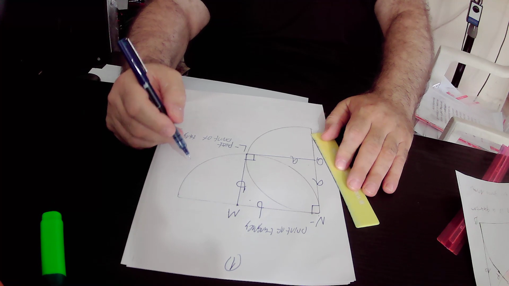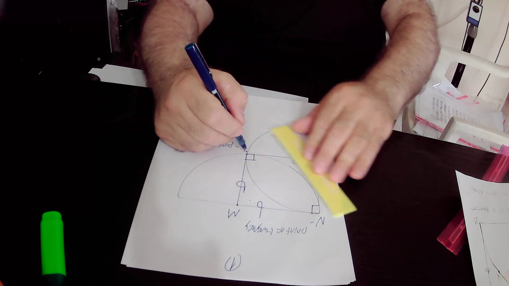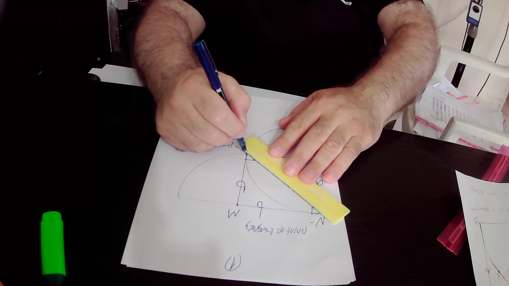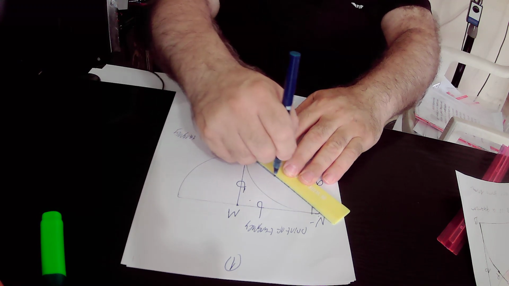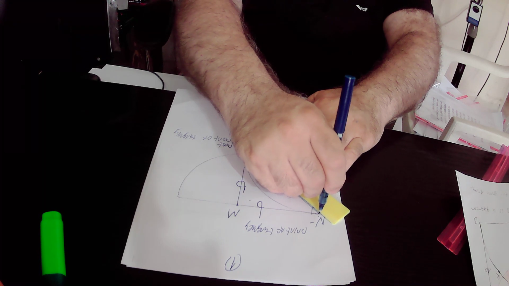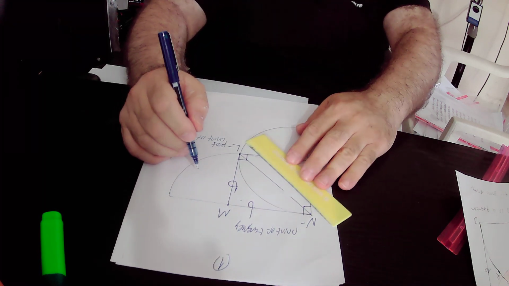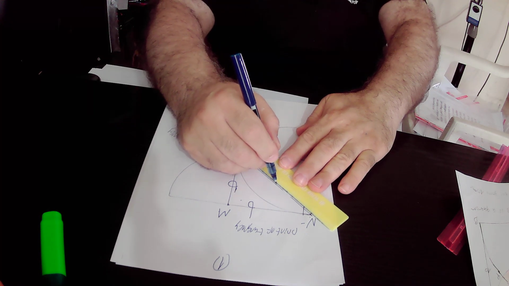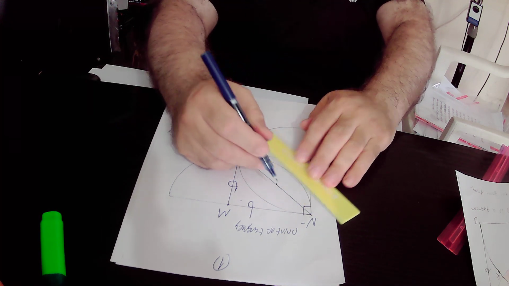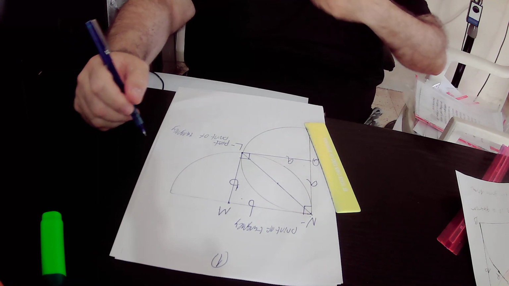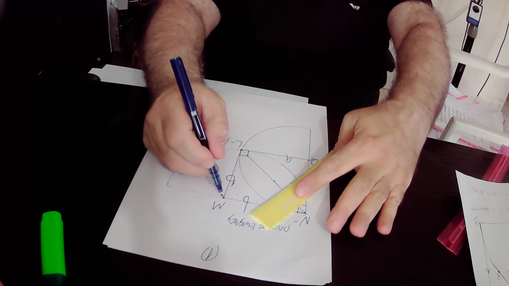In the next step, we will join points N and L together by a straight line. We will join points O and M together by a straight line.